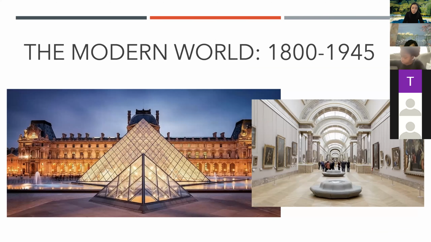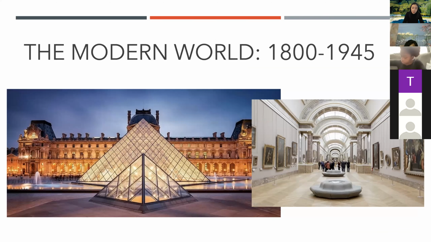So many scholars agree that modern art started from the Louvre Museum's foundation in 1793, and it ended after World War II. So this time period, from the Louvre Museum's foundation to the end of World War II, we can say is the modern art period.